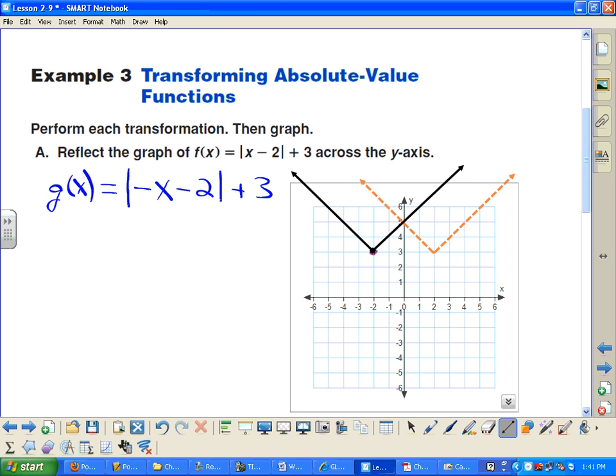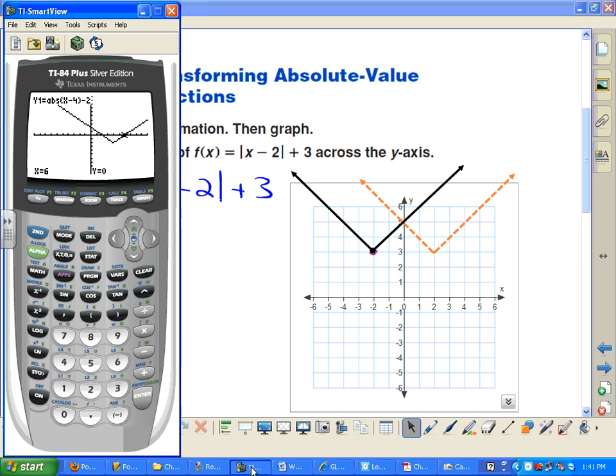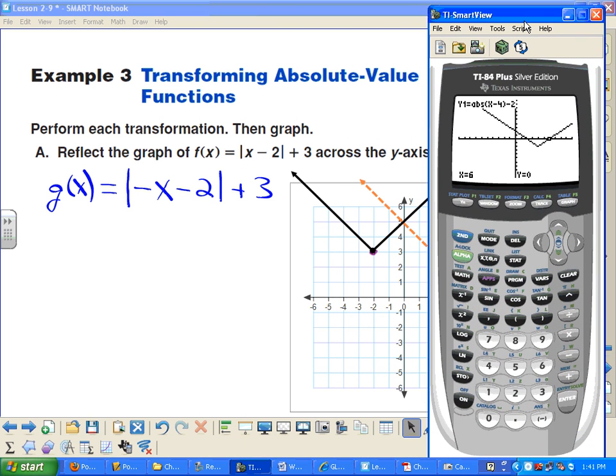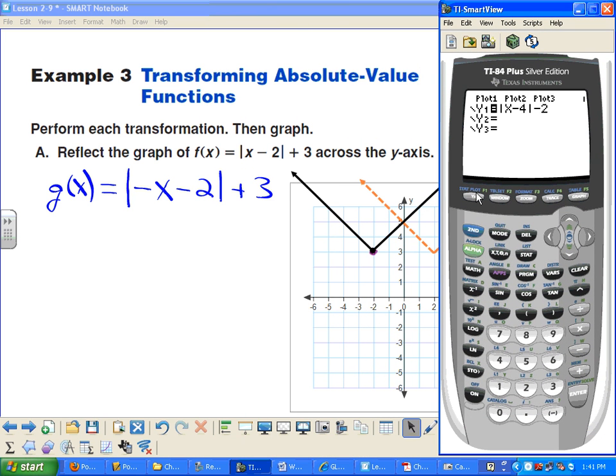And that means my graph is going to look like this. Okay, so let's check it. Go to your y equals on your calculator and check to see if it works. We're checking to see if our vertex is in the right spot.